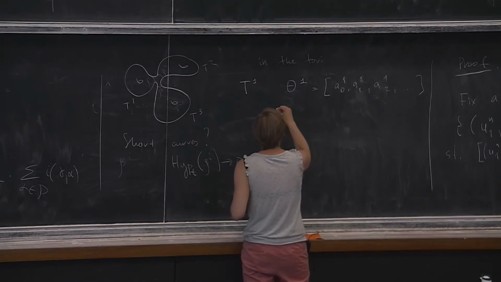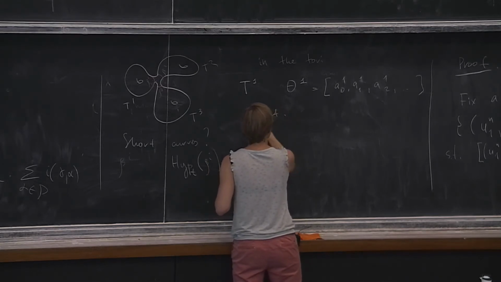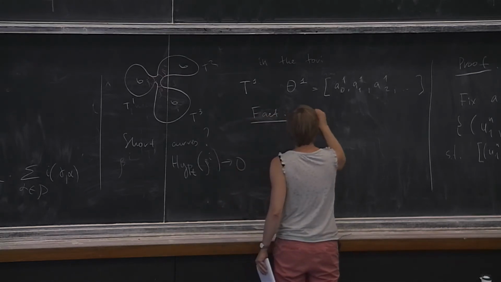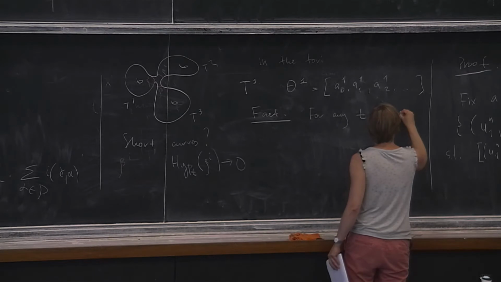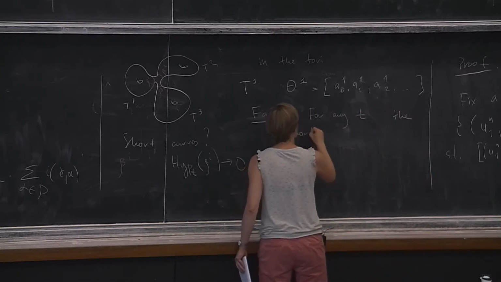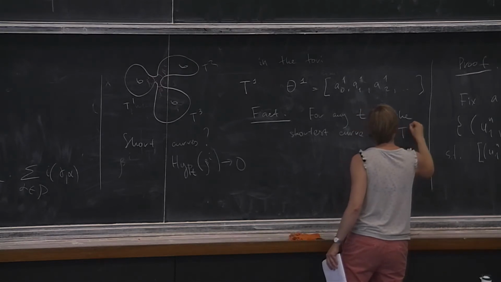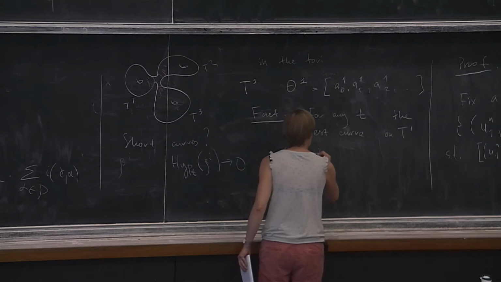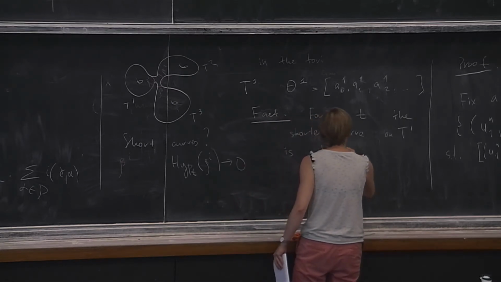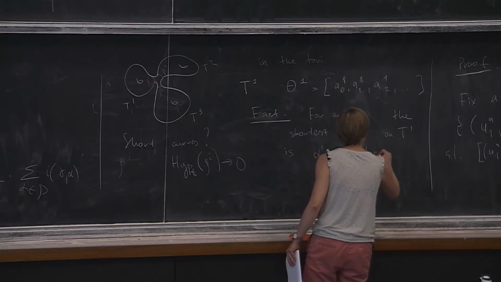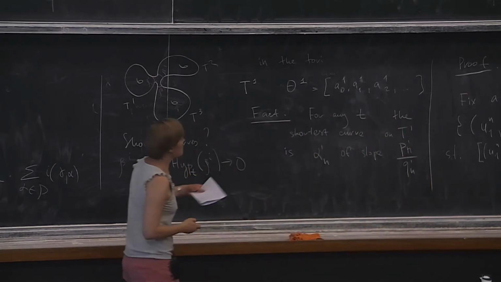So for any t, it's a fact, for any t, the shortest curve on T1, I'm going to call it alpha 1n, is of slope equal to one of the convergents of theta 1.